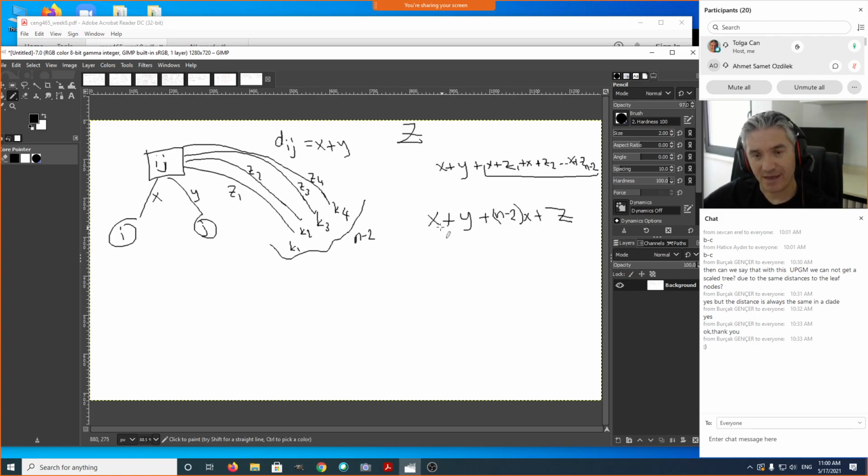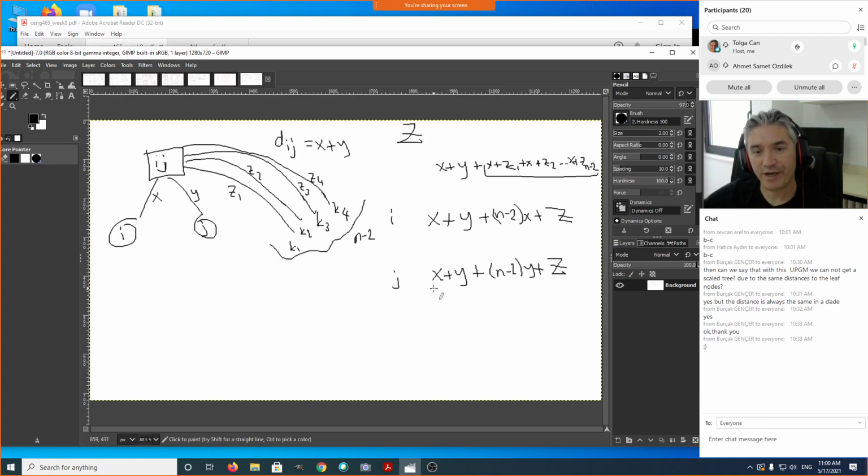If I do the same thing from j's perspective, I'm again going to have an x plus y, and this time I'm going to have n minus 2 y's plus the same capital Z. So the x plus y is like y plus x, then y plus z1, y plus z2, y plus z3, n minus 2 of such things, and these are the z's.